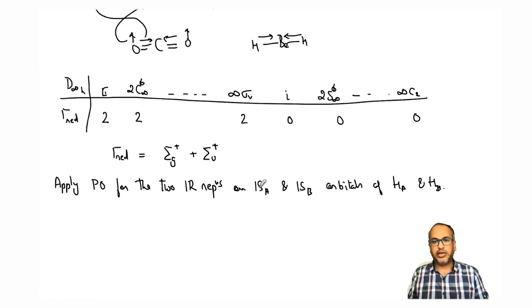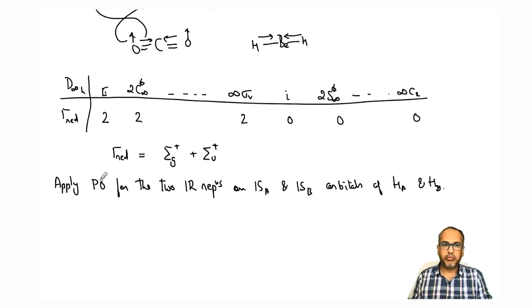Actually you don't need to apply the projection operator, because if you are combining 1sA and 1sB, you know that if you combine these orbitals in a 1:1 ratio, you will get totally symmetric, and if you subtract one from the other, you will get Σu as the basis. So you can just simply do that, or you can go methodically and apply projection operators, which will be difficult, but you can still manage to do that.